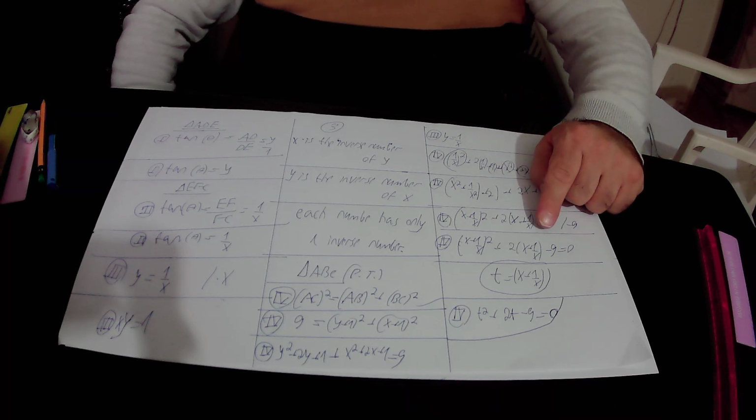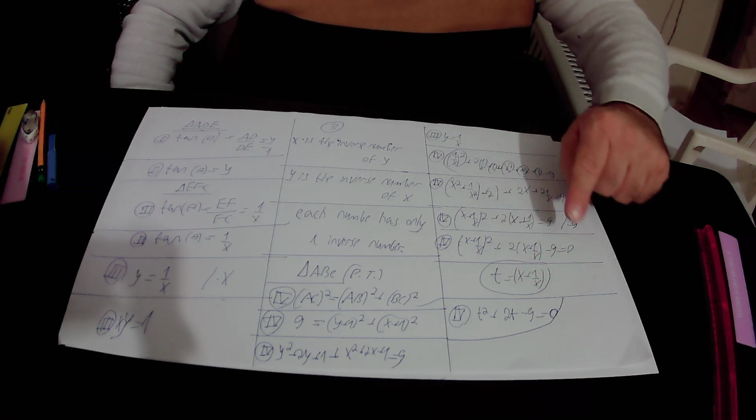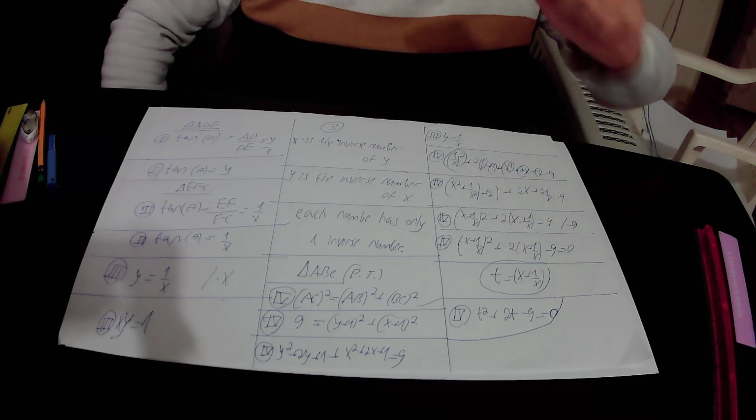2 times x plus 1 over x is 2t minus 9 equals to 0.